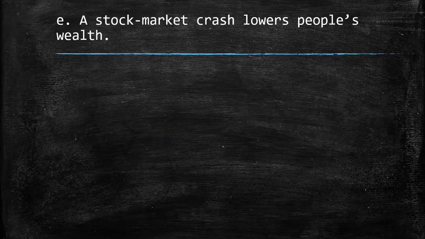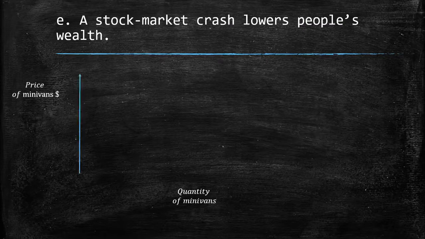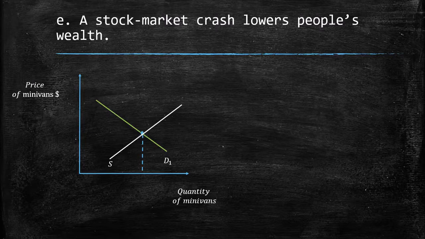So the stock market crash lowers people's wealth. So I think this is kind of subtle. Why? Because for example here we have the initial case. What I think about it is that maybe these people, the lowest wealth people, don't buy minivans.